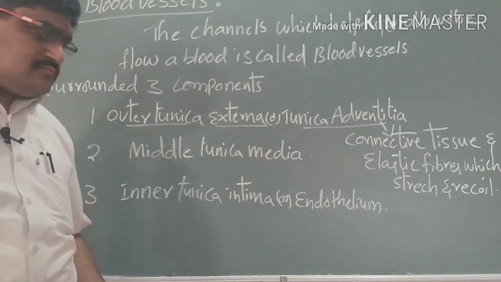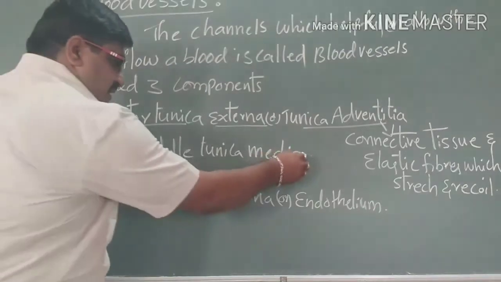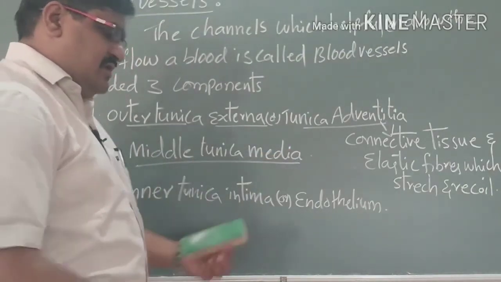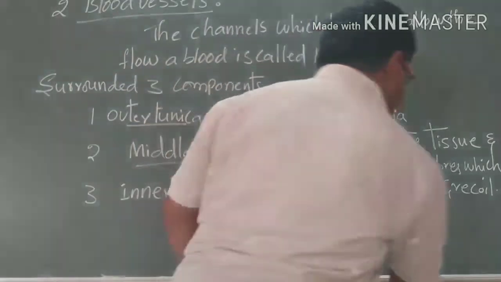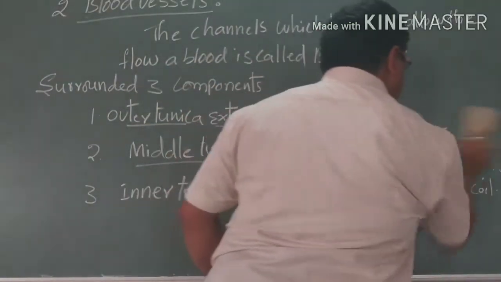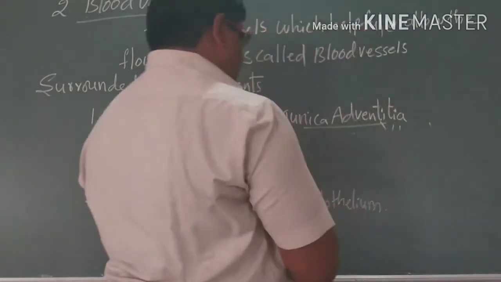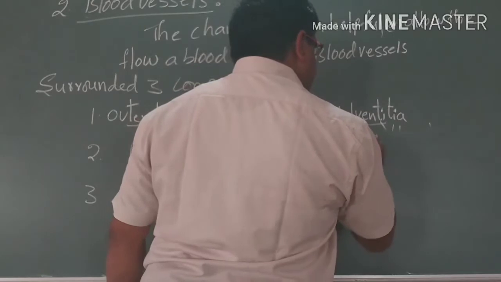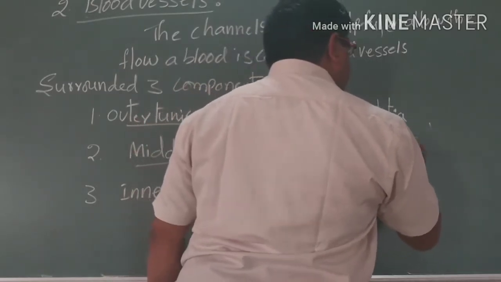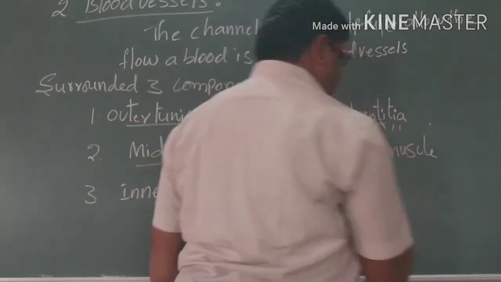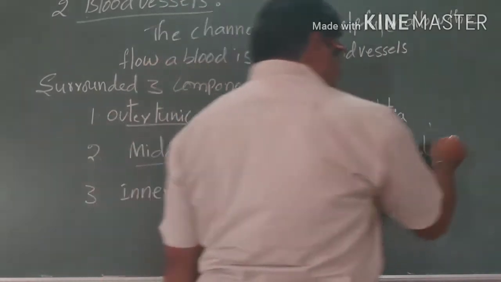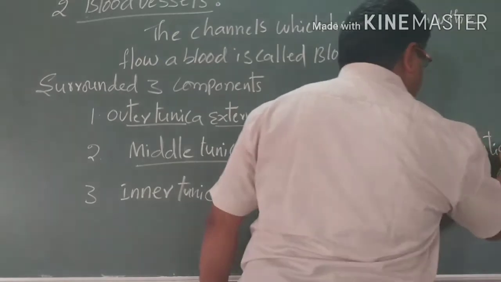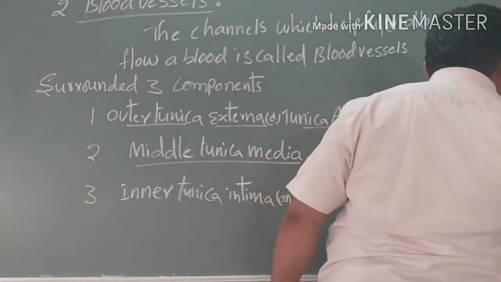Next, the second one, the middle tunica. It consists of smooth muscles, and also elastic fibers.